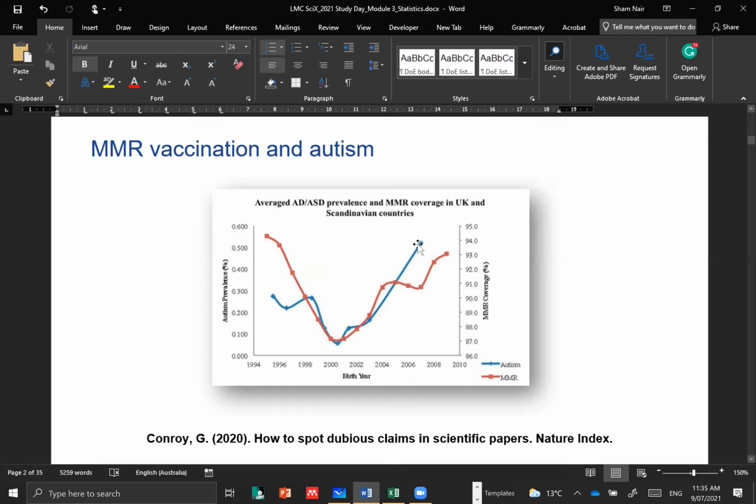And in blue, we have the incidence of autism. Now, this was actually in a published paper. And what the author suggested was that there is a correlation between the use of this vaccine, and it may actually cause autism.